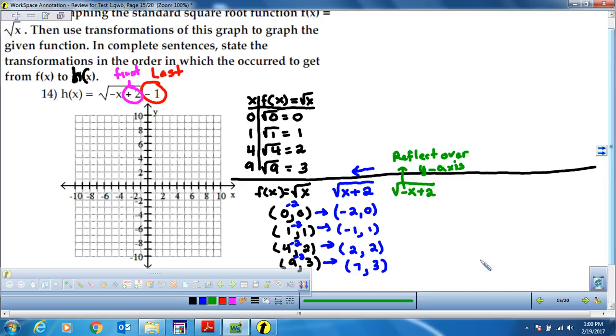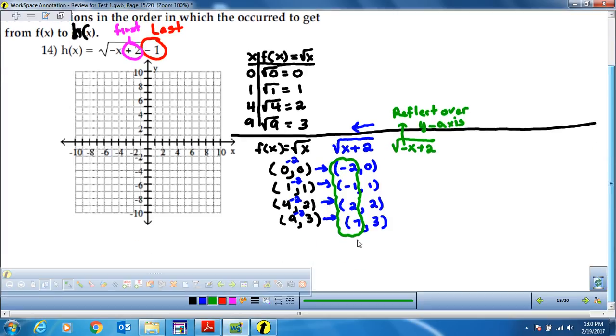So what is going to happen if I reflect the graph over the y-axis? Well, you can say that all of the x values will be multiplied times a negative, or that is the same thing as saying that all of the x values will change their signs. Okay.